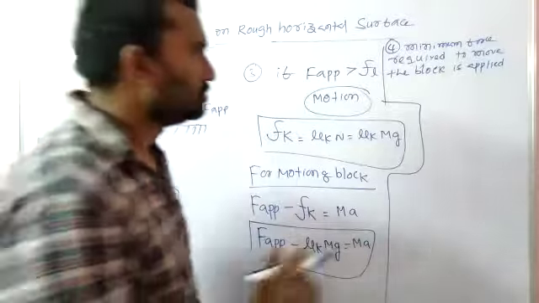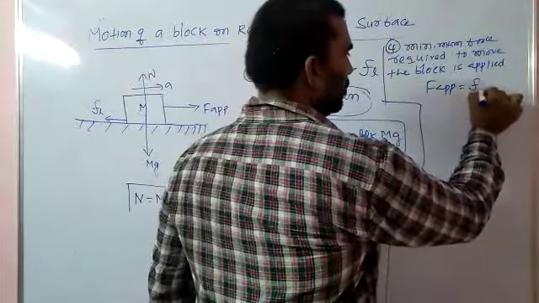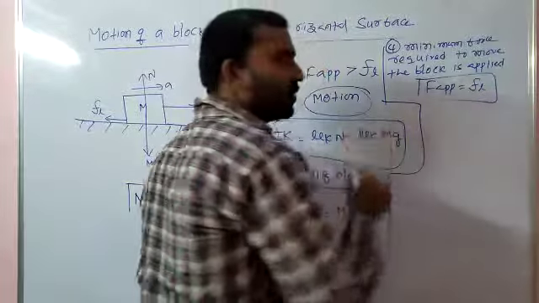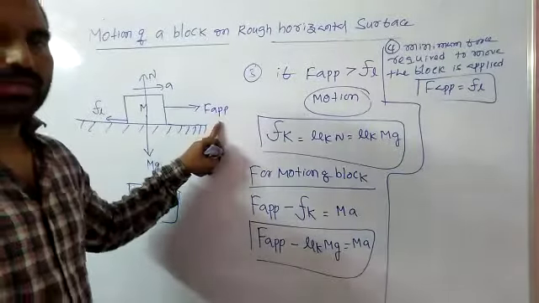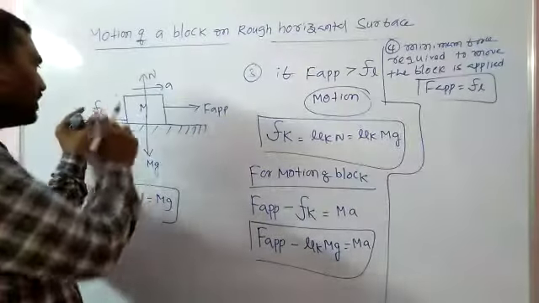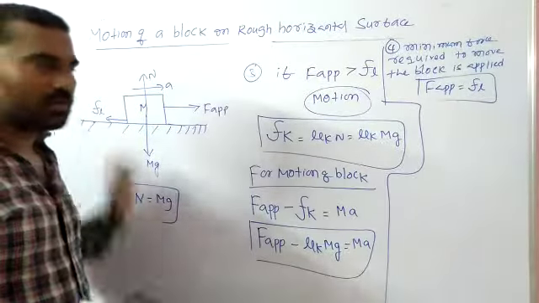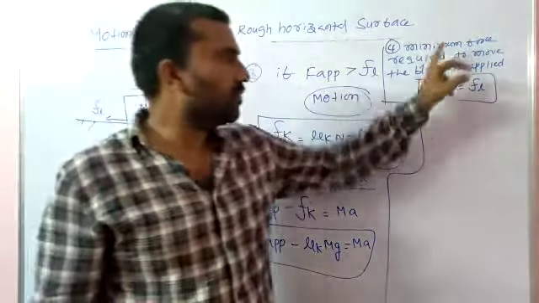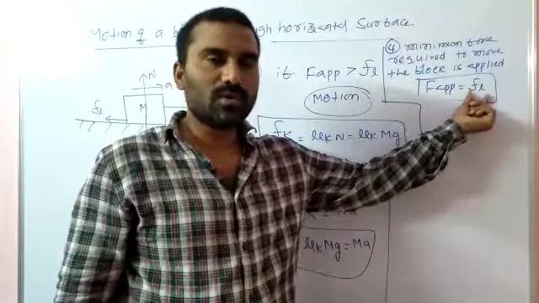And that applied force is equal to what? Limiting friction. This applied force value is equal to the maximum static friction. The minimum force required to move the block is applied, and the applied force is equal to limiting friction.